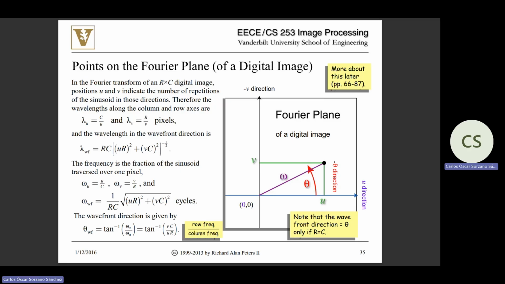So it has to do with, let's see here, the direction of the wavefront depends on these two indexes, and in x and y it depends only on one index and on the other index.